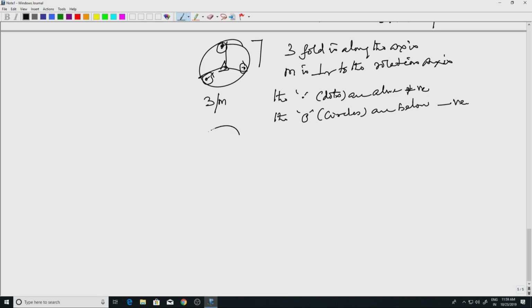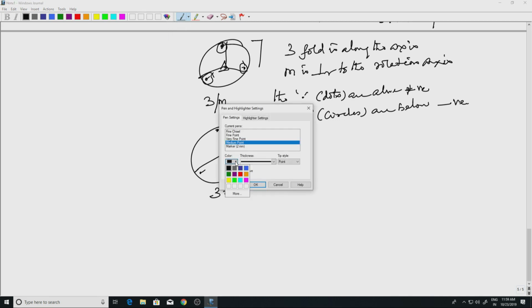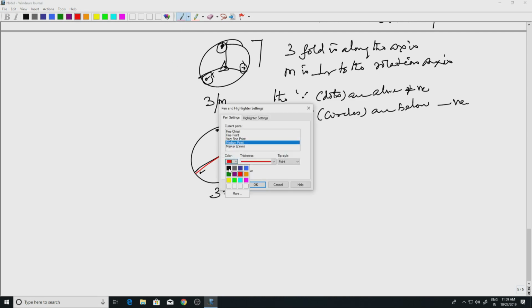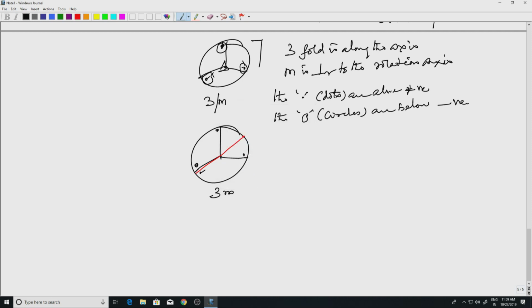Then comes 3m. Here already we have seen the 3. When you put a mirror here, this becomes here and it comes here.